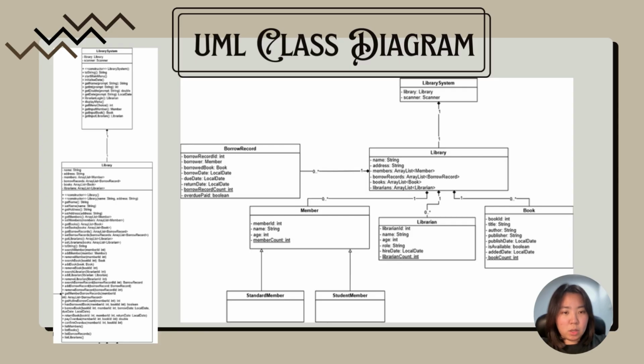This is the main entry of the system, and the library class is the central hub which aggregates all the classes like borrow record, member, librarian, and book. This is a typical one-to-many management relationship. On the left side are the details of the library system class and library class.